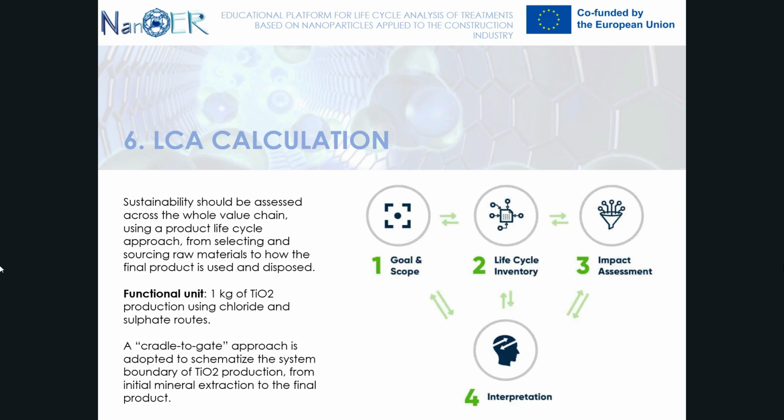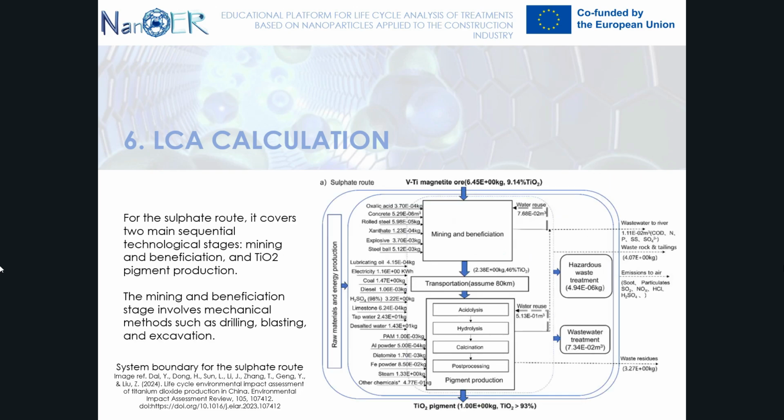The two dominant production routes, the chloride and sulfate routes, are analyzed in order to evaluate multiple environmental impacts associated with CO2 production. A cradle-to-gate approach is adopted to schematize the system boundaries of CO2 production from initial mineral extraction to the final product. For the sulfate route, it covers two main sequential technological stages: mining and beneficiation, and CO2 pigment production.